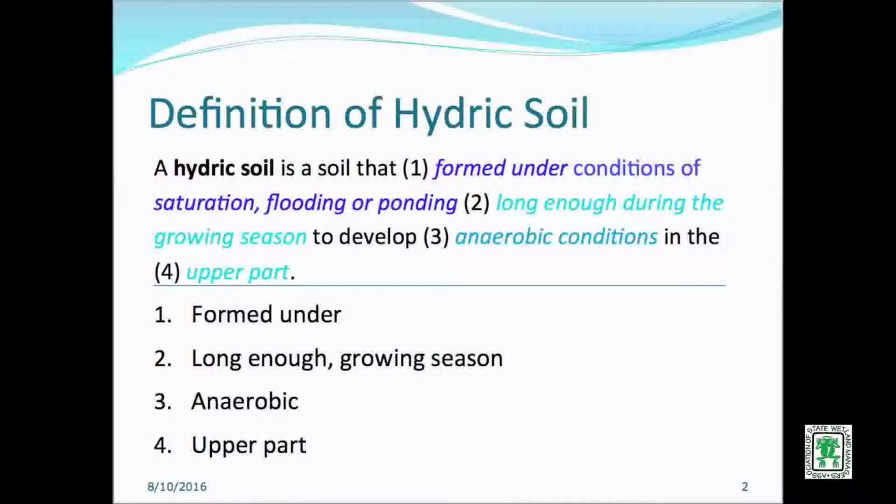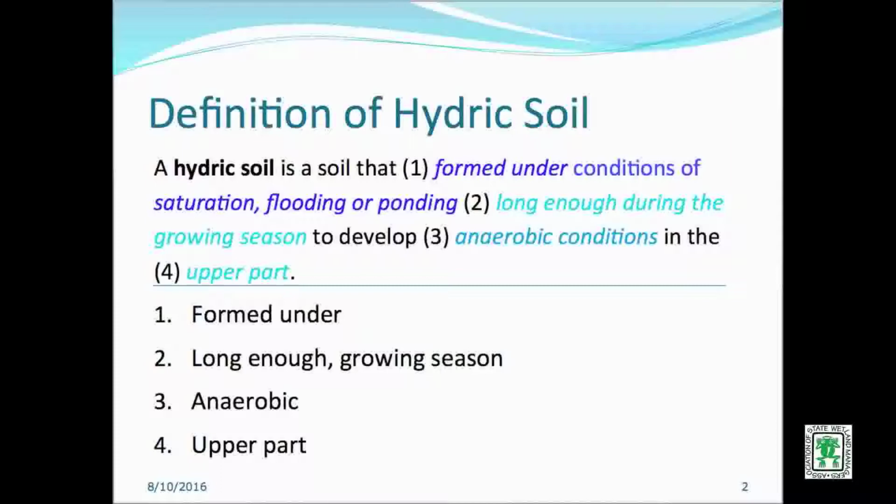And if they contain the morphological evidence that we will be reviewing today and in subsequent webinars, then we can assume that they did form under those conditions, because soils that did not form under those conditions of saturation, flooding, or ponding do not contain the morphology that hydric soils contain.